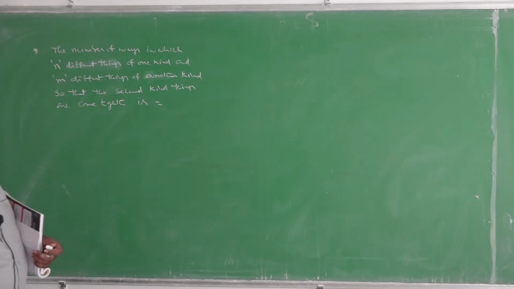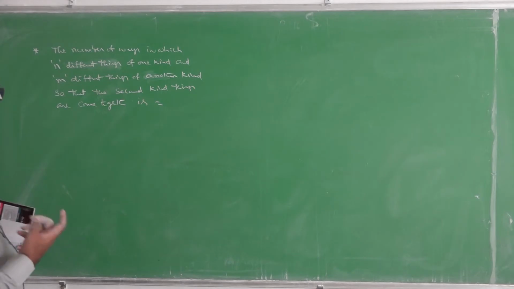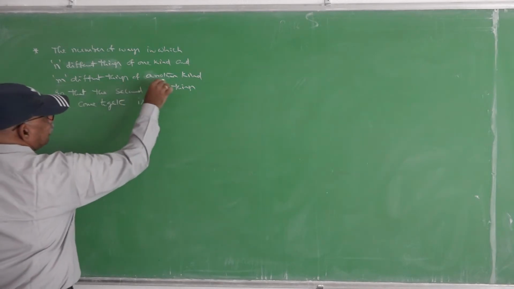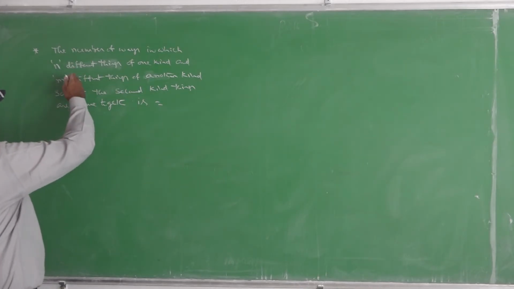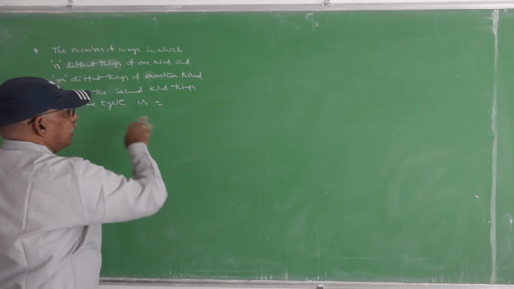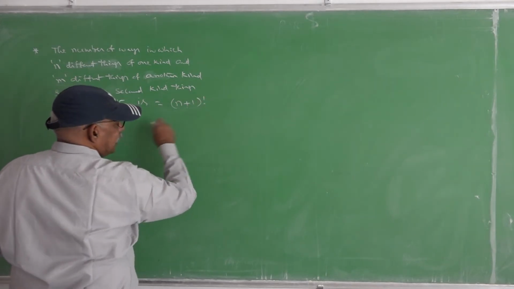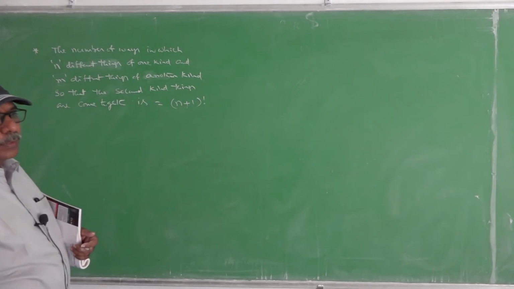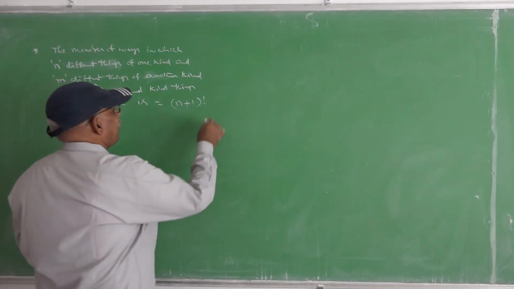In such a case, assume all the m different things of the second kind as one thing, so that the number of things becomes n plus 1. Arrange those n plus 1 things in a row. That can be possible in n plus 1 factorial ways, whereas these m things internally can be arranged in m factorial ways.